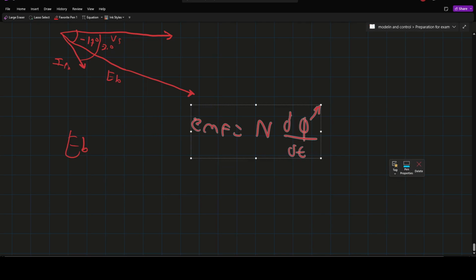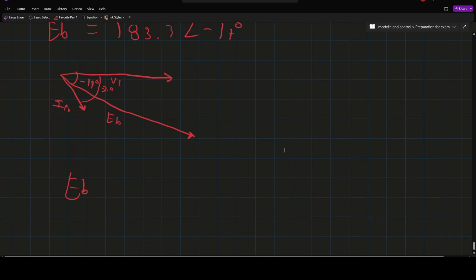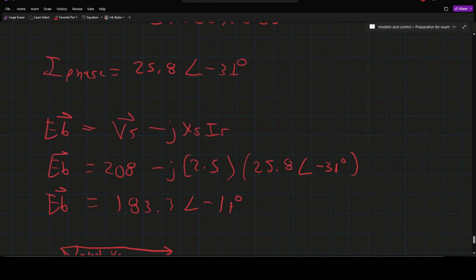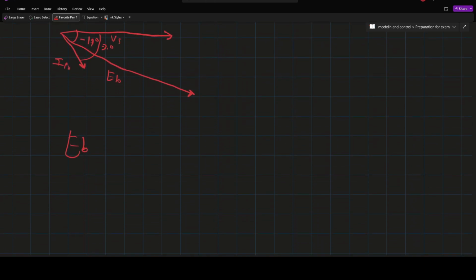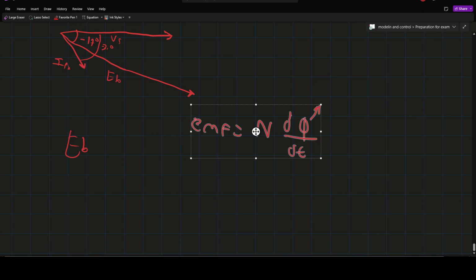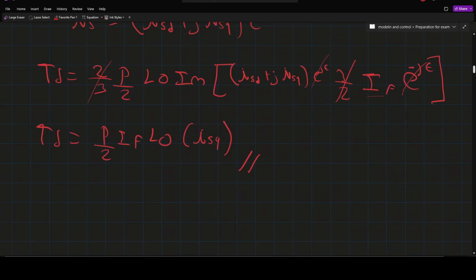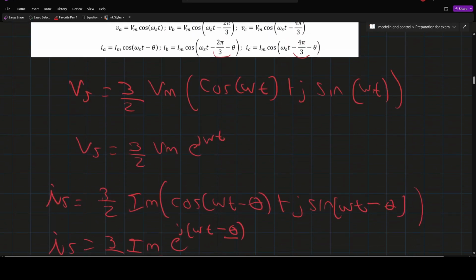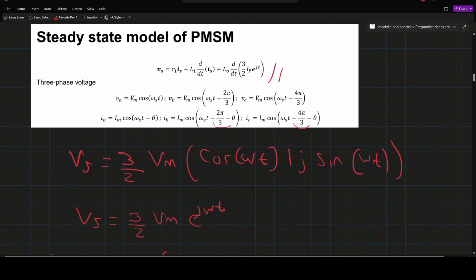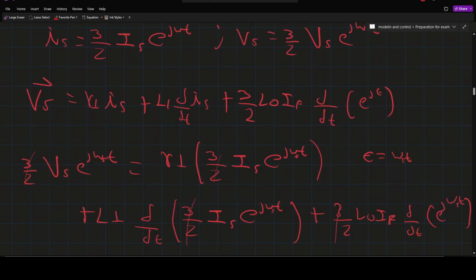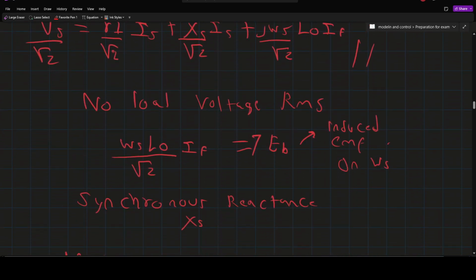Also, we can see it as, we know that our formula for EV is equal to omega times IF. Oh, wait. Let me see the formula here when we figured it out. The very beginning, steady state, yes.